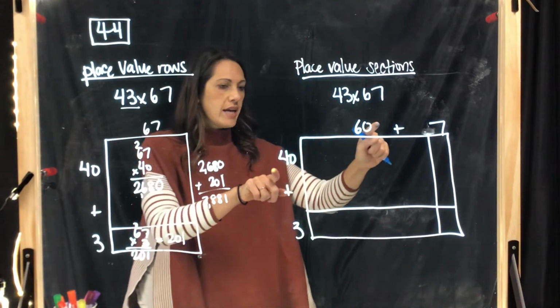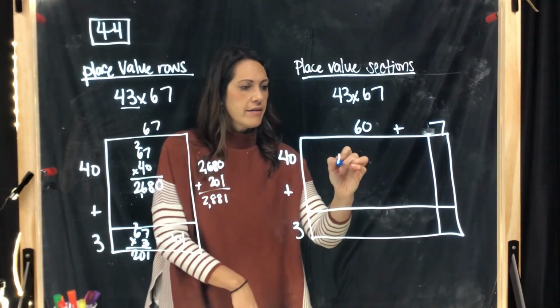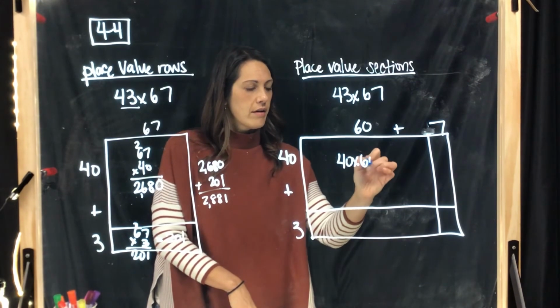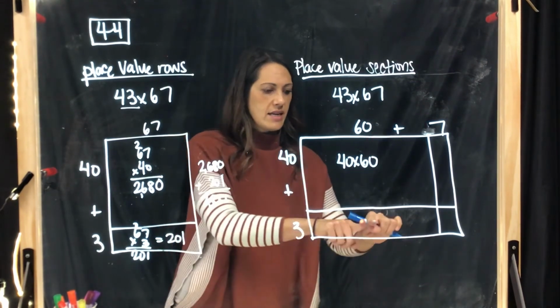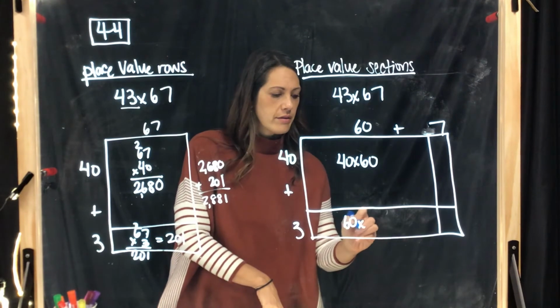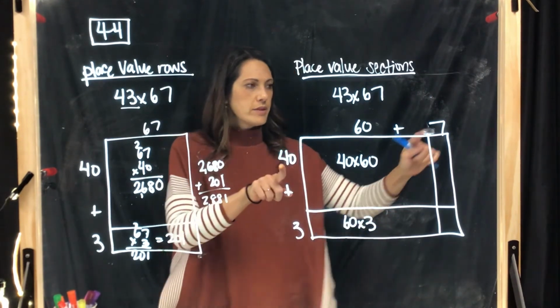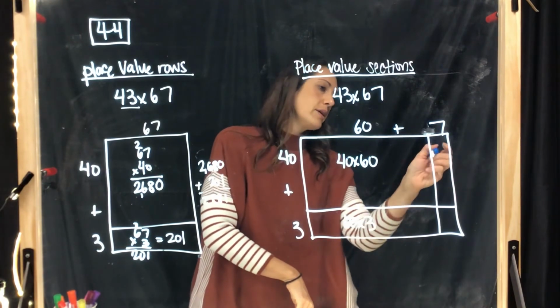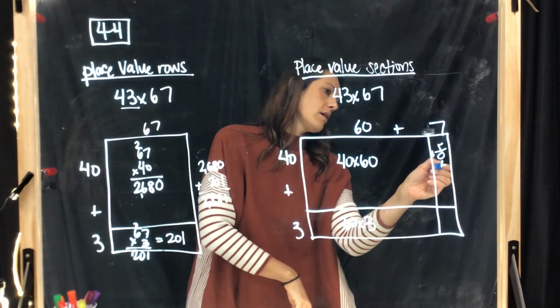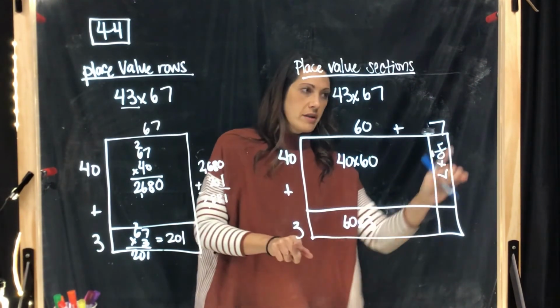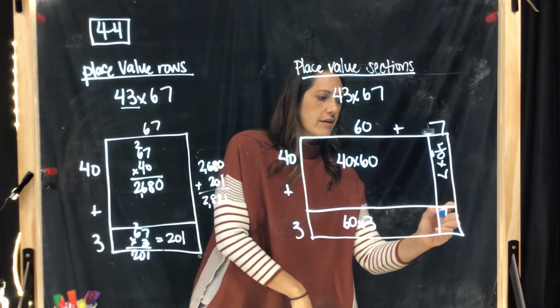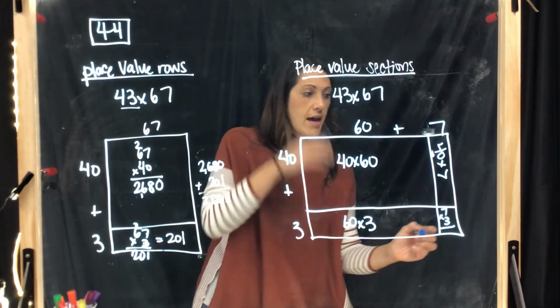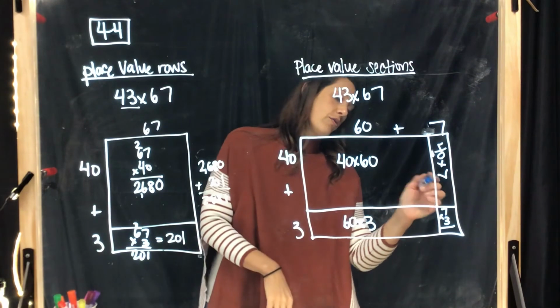So I'm going to take 40 times 60 here. I'm going to take 60 times 3 here. I'm going to take 40 times 7 here. So I'm going to write that sideways. And then I'm going to take 3 times 7 right here. And I'm going to find the answers for these problems.